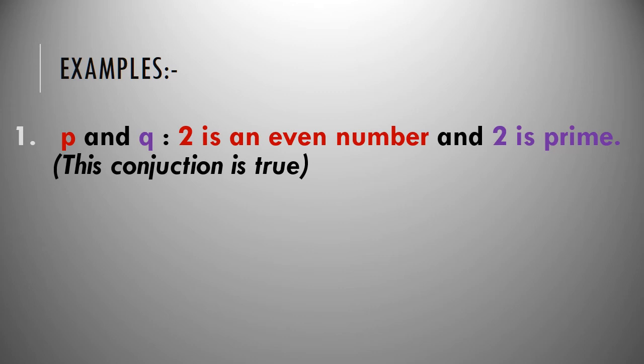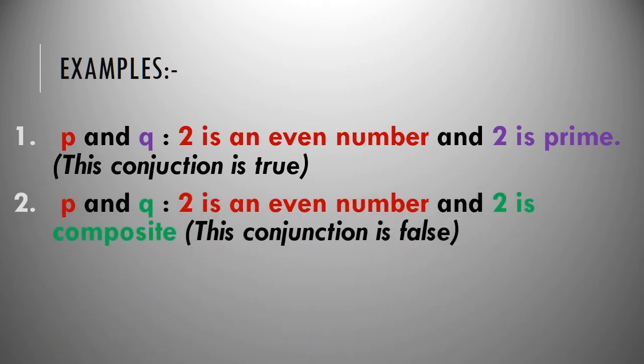Now the thing about AND is that it claims that both the statements must be true. Now let's see an example in which one of the statements is false and one of them is true, and let's understand what happens with its truth value. Here P I have kept again a true statement, and Q I changed to a false statement: 2 is composite.